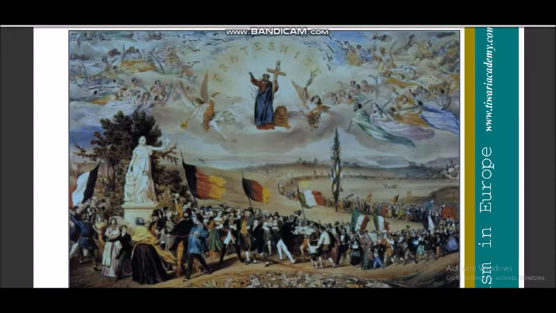The first print of the series, which you are looking at on the screen, shows the people of Europe and America. In this picture, some people are marching. They belong to Europe and America, men and women of all ages and social classes.